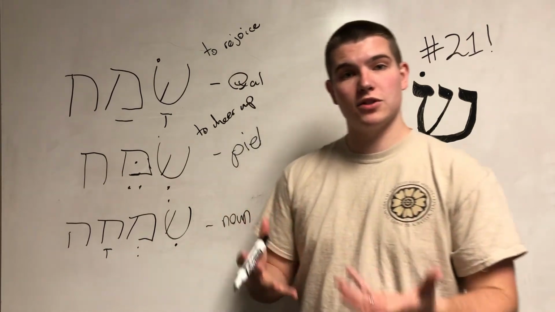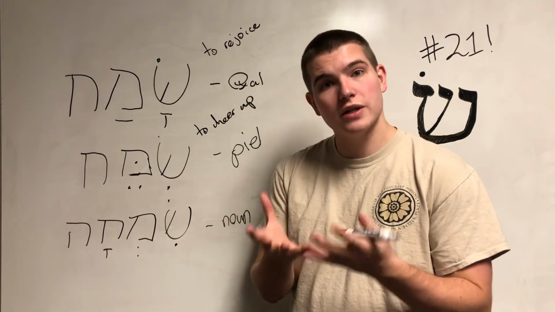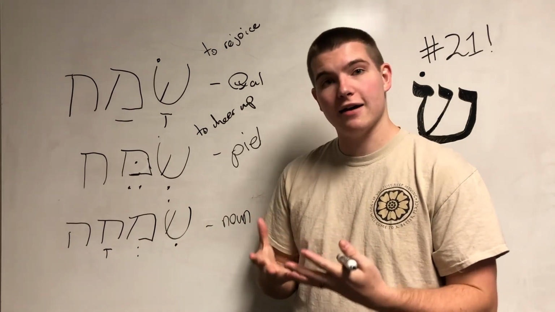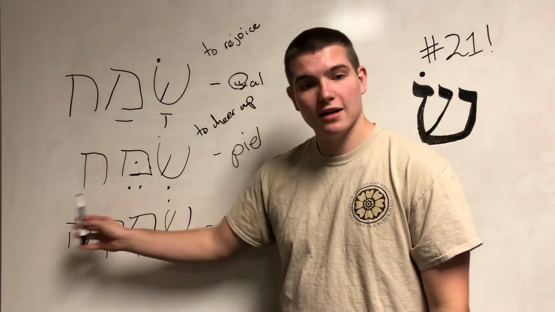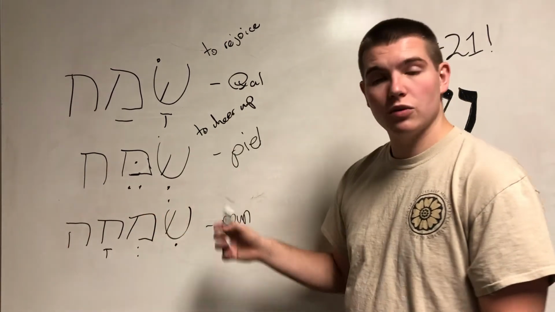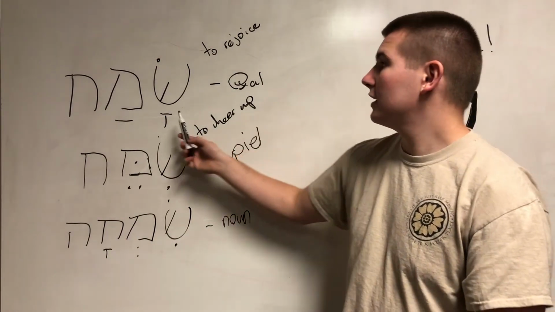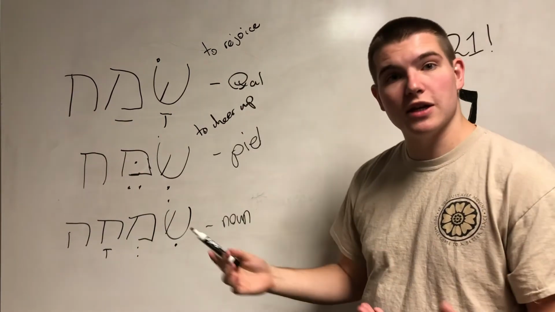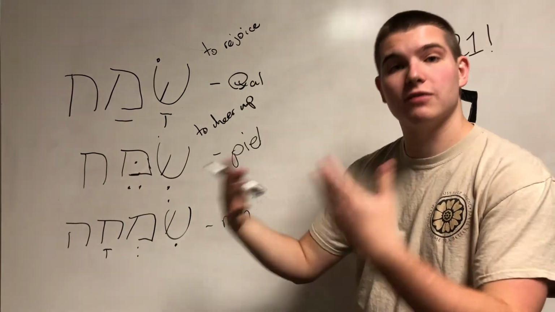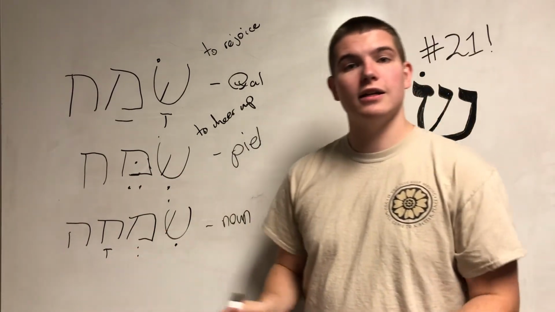So simcha is the noun, joy, something you can tangibly have. Then we have piel, which is simech, which means when you're trying to cheer someone else up, you're trying to give them joy. And then samach, that's when you're rejoicing, you have joy, it's the action of rejoicing. So three different ways that you can write joy in Hebrew, pretty cool.